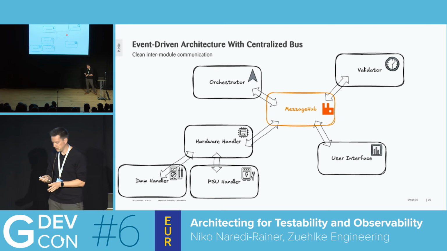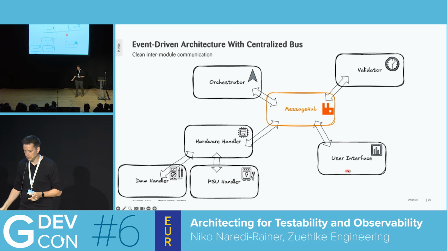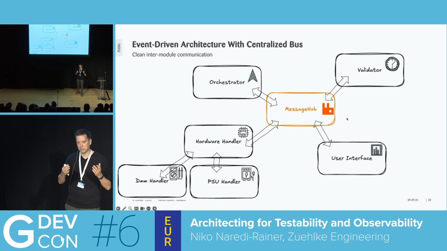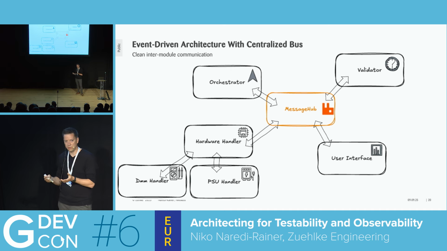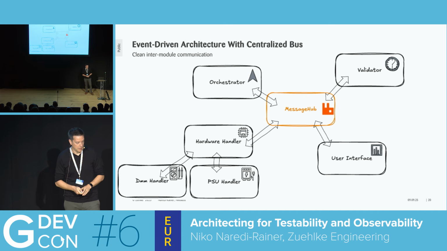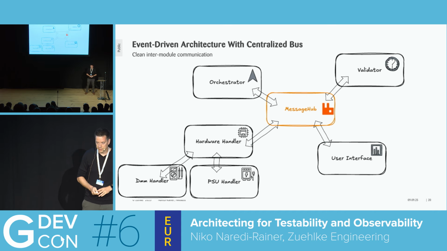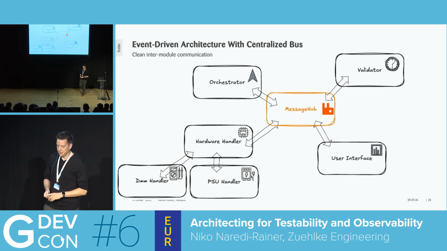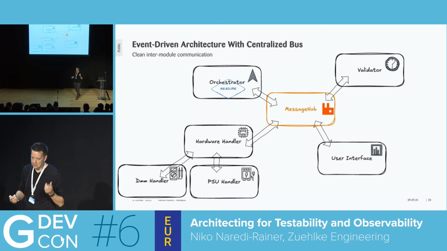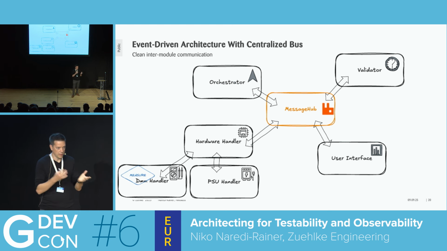So that also means that our user interface, here on the right side, has a single boundary. Replacing it, swapping it out with a different one, is also pretty easy, because it has exactly that one dependency on the message hub. So, rather straightforward. To demonstrate how a communication chain might work, let's say the step comes up in our sequence that we have to measure something. The orchestrator fires off the command to the DMM handler to go ahead and measure.